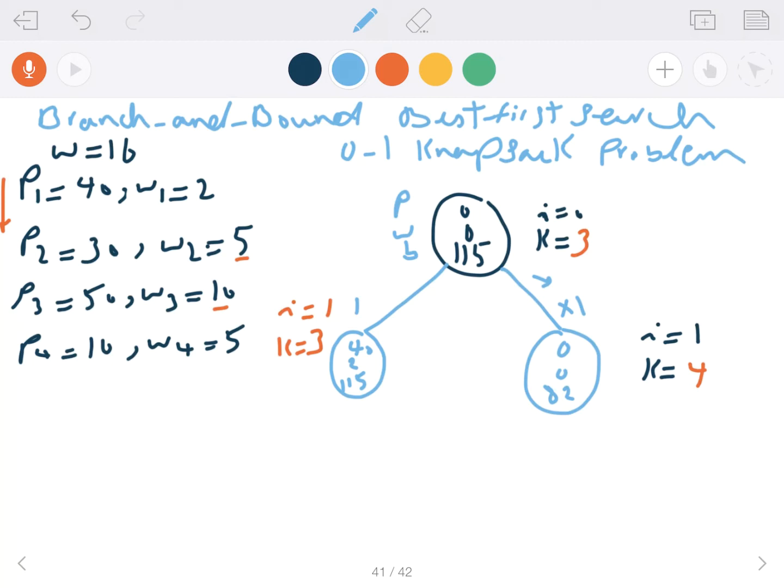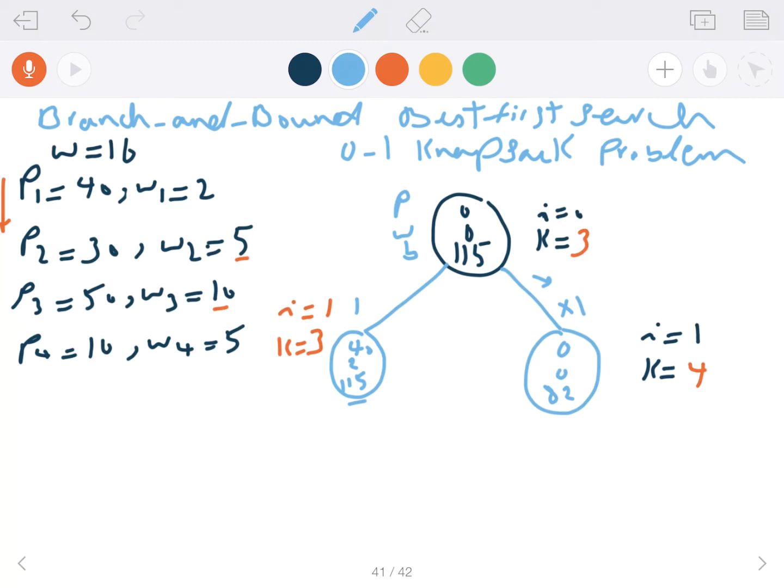So between the node that says include item number 1, that has the bound of 115, and the node that doesn't include item number 1, that has the bound 82, we are picking the one that is more promising. And in this case it is when we are including item number 1, because it has the bound of 115.